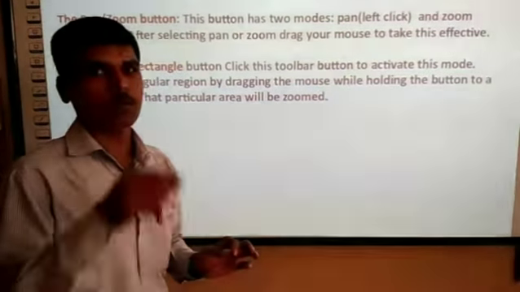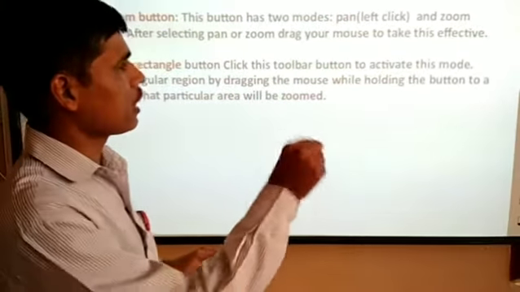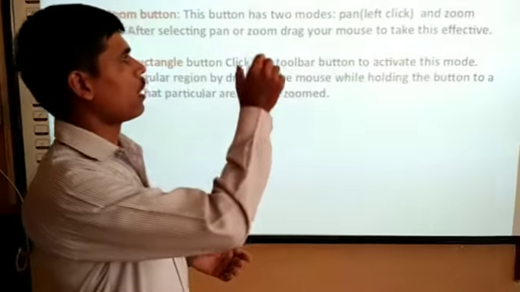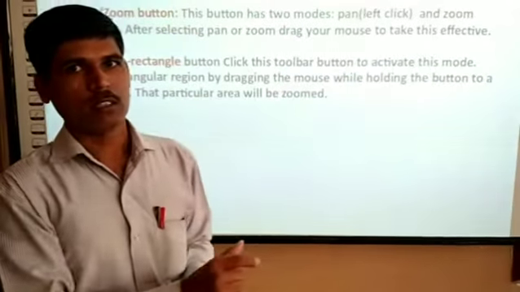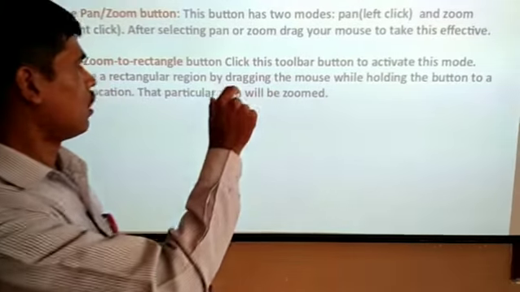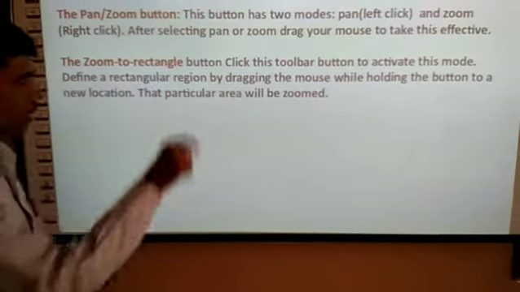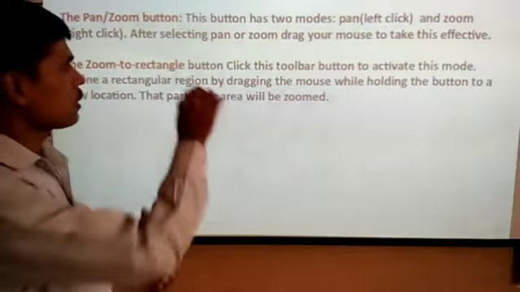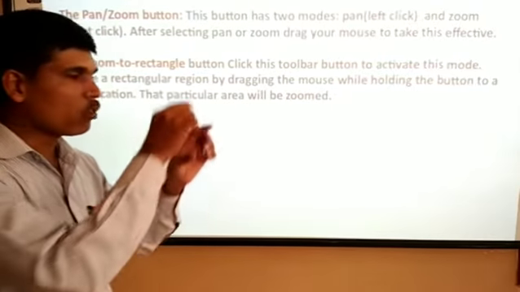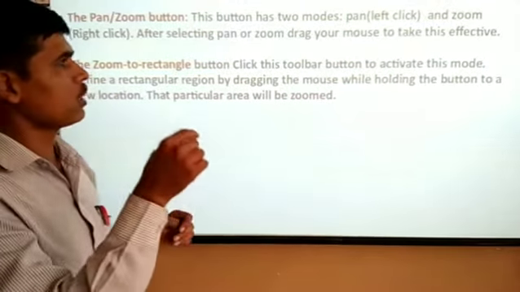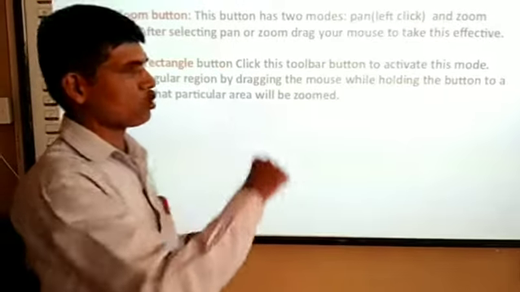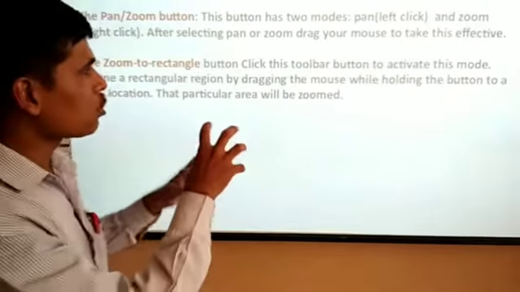That means after activating that button, when you drag somewhere on a chart, just drag the mouse to a rectangle region. By dragging, select a rectangle region, and only that portion which we select with the help of the mouse will be zoomed.